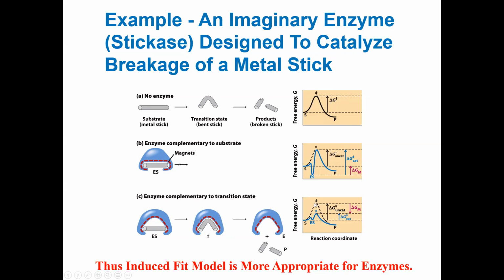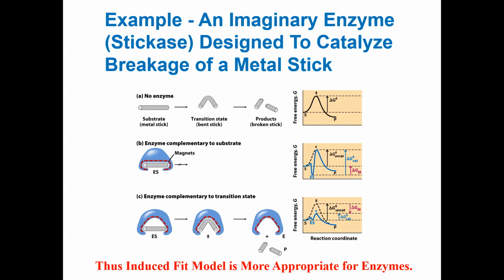So you can see the plot shown here in the dashed black dots. You can see that the transition state double dagger barrier is now lowered to the blue double dagger, right? And so in that case, your delta G of catalysis is lower than the uncatalyzed reaction. And therefore, you are able to catalyze the reaction at a much faster rate because the transition state is being stabilized. You are lowering the activation energy barrier of the difficult step, the rate limiting step of the reaction.